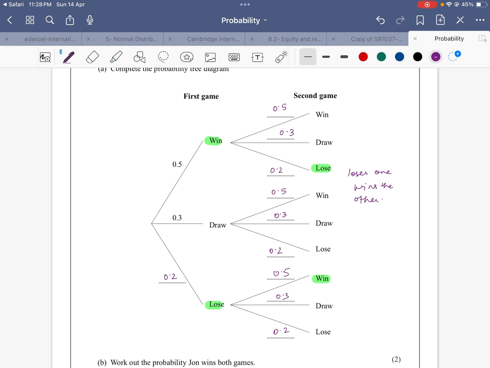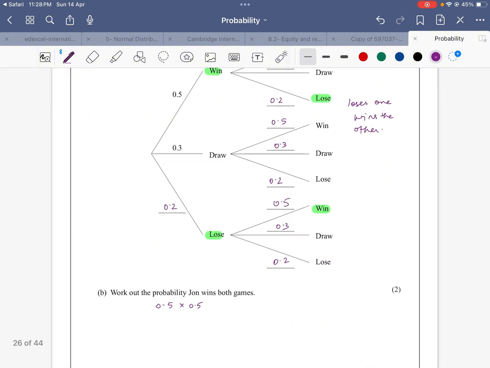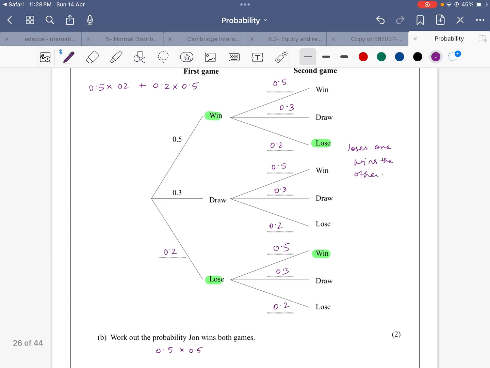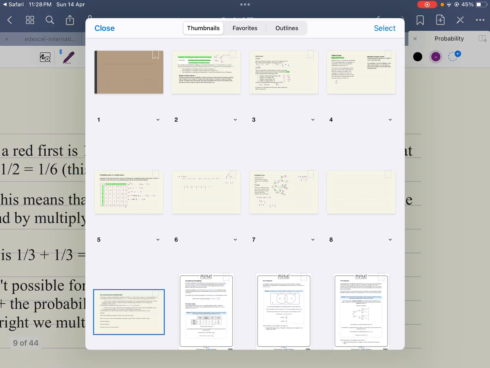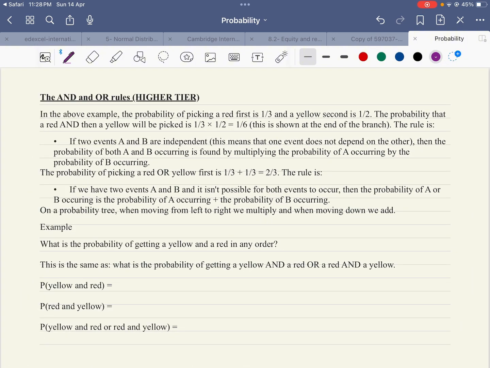So this will be 0.5 multiplied by 0.2 or 0.2 multiplied by 0.5. It isn't the case that all the time probabilities are going to be the same, but if they are the same, it doesn't really matter. Alright? Okay.